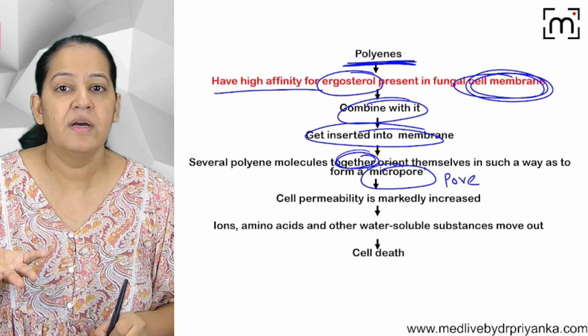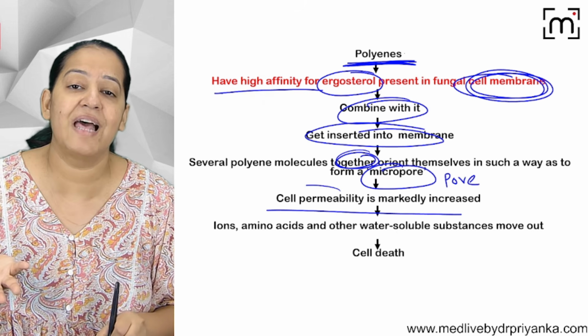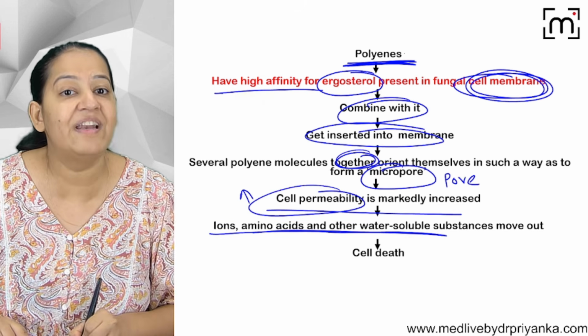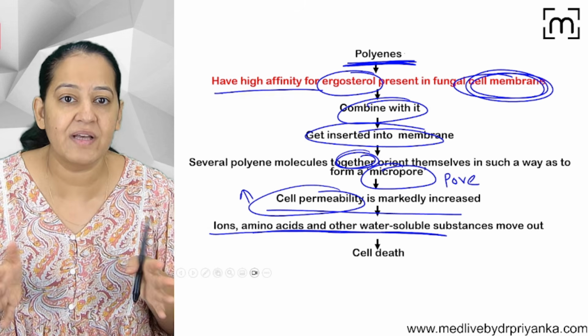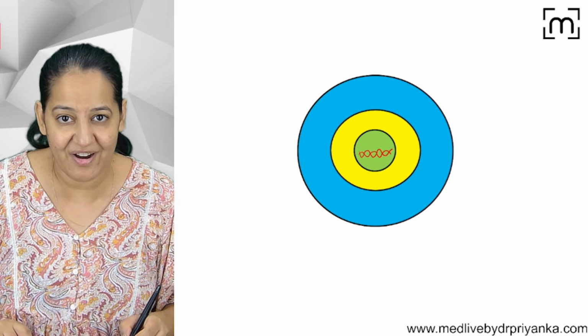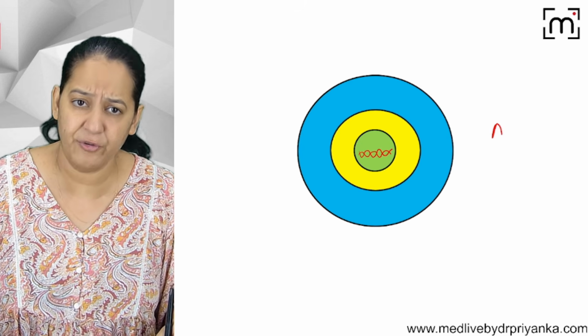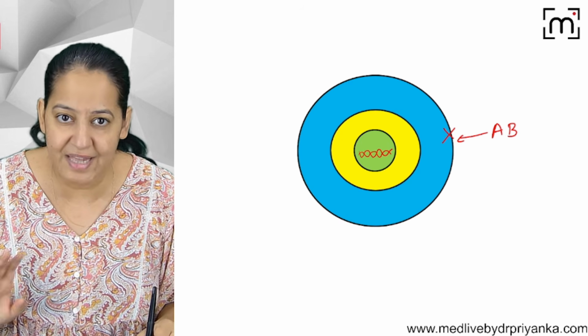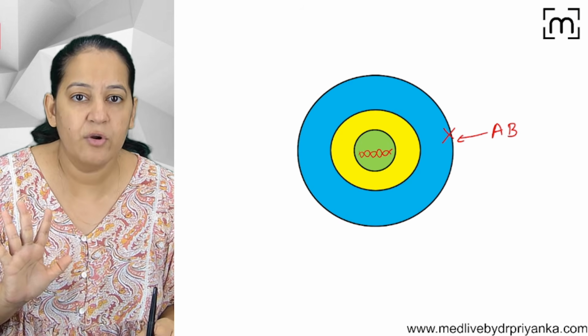I will show you the diagram. This is how they are altering the cell membrane permeability. They are increasing the permeability and all the cytoplasm will leak out. Once the cytoplasm leaks out, it will cause death of the fungus. You can see this is a fungus. In this fungus, the Amphotericin B will go inside. After going inside, it will not bind with the cell wall. No. It will go inside.